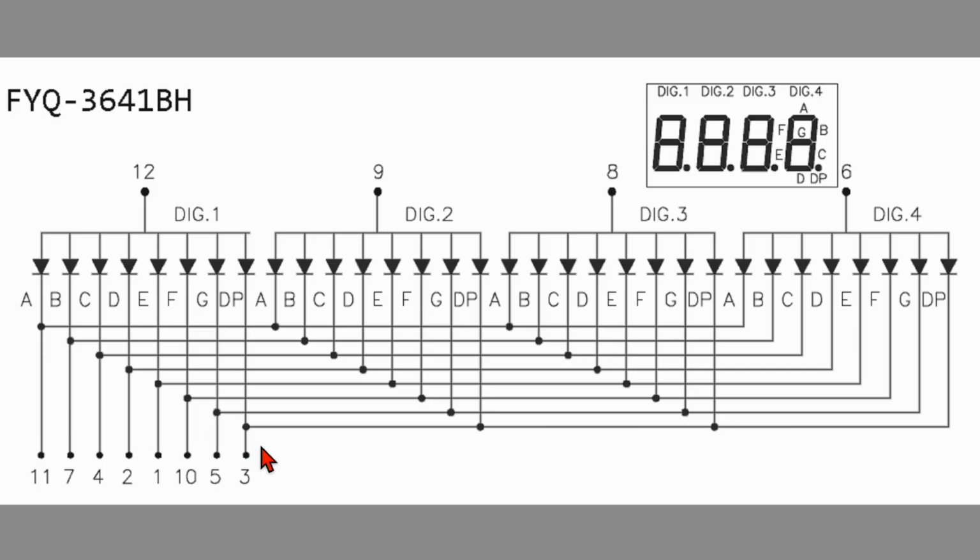And then a bit later, we would turn that digit off by lowering this pin. And at the same time, we would raise pin 9 to light up digit 2 and adjust the segments. So we would raise and lower the segments to display whatever number we need to display in the digit 2 position.